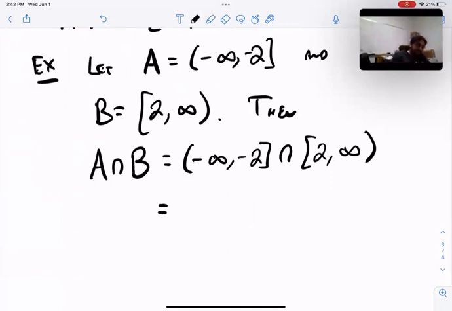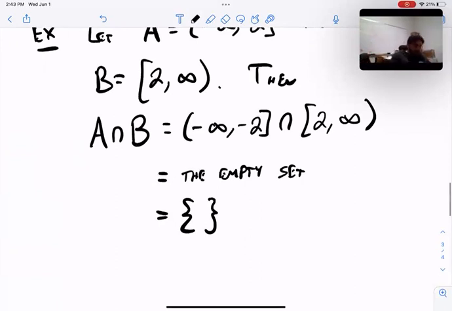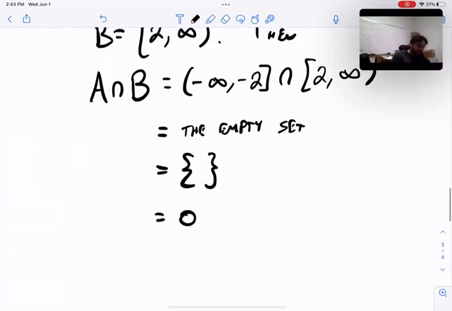So you get the empty set, which in descriptive notation you say just that, the empty set. Or in roster notation, you could just put curly braces with nothing inside. The empty set comes up so often that sometimes we give it its own symbol, a circle with a line through it.